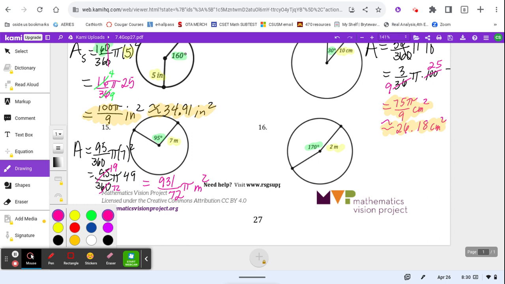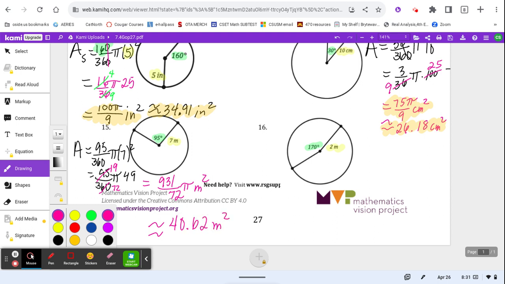Yeah, it looks like that is our simplest form. Yikes, that is an ugly one. Okay, now I'm going to type in the whole thing and get the approximate answer. 95 divided by 360 pi. Make sure you're using the pi button, and then 7 squared. I'm getting the approximate answer is 40.62 meters squared.